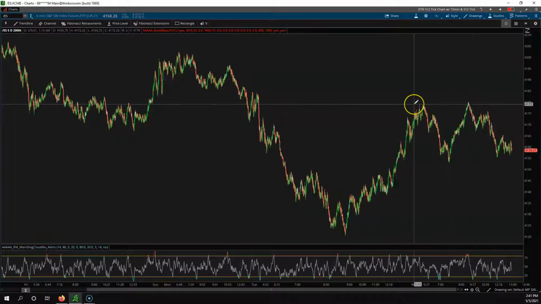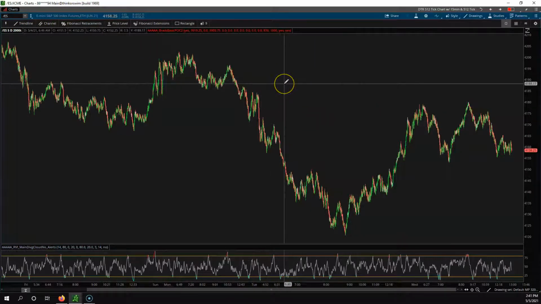You could see resistance, support levels, draw your fib extensions, things like that. So we're looking at the S&P Emini Futures over here, okay? And we're going to look for potential trade pullbacks, where we could get long, looking for overall trends. How could we trade them in this video?